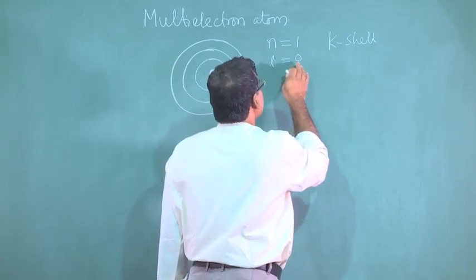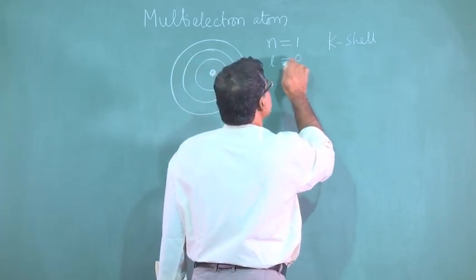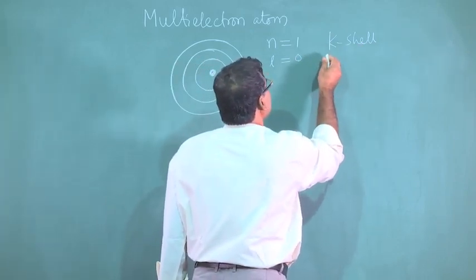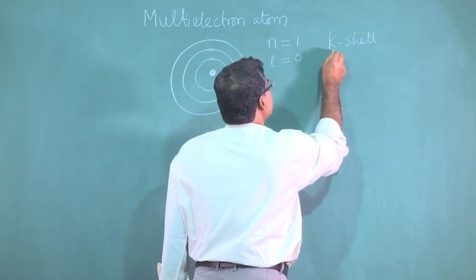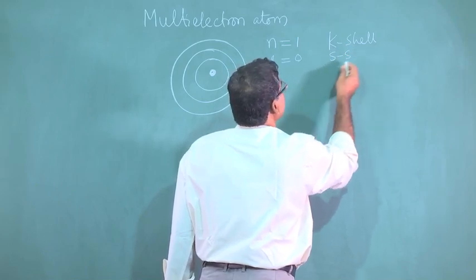Under the K shell, L equal to 0 is the S subshell or S orbital.